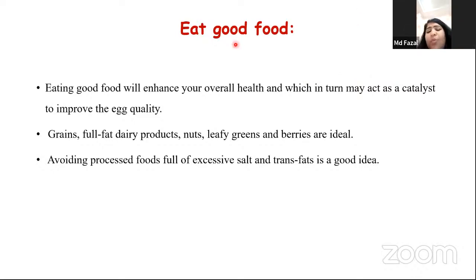Next. Eating good food is the mantra for any disease for that matter. Next.